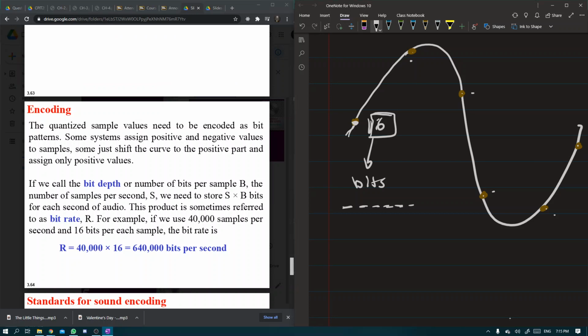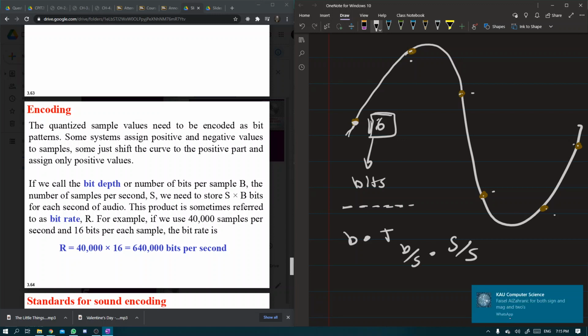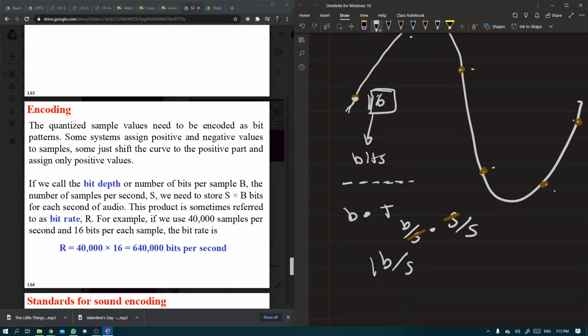Then if you multiply the bits per sample times the samples per second, the samples cancel out, and you get bits per second. Bits per second, we call this the bit rate.